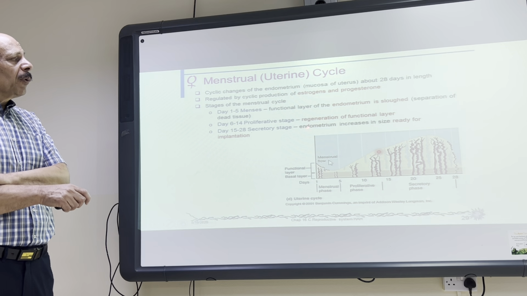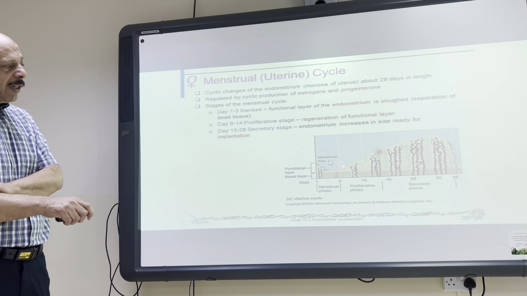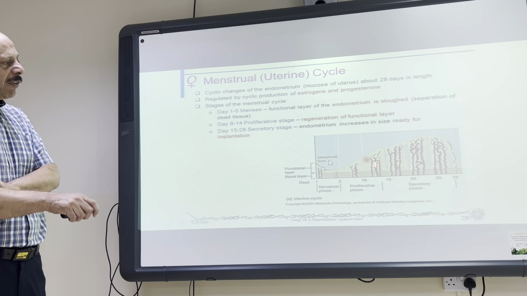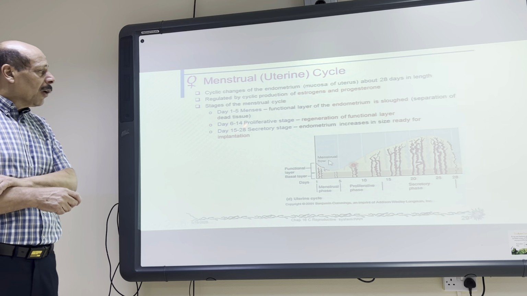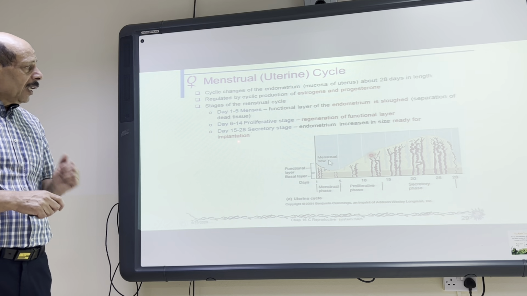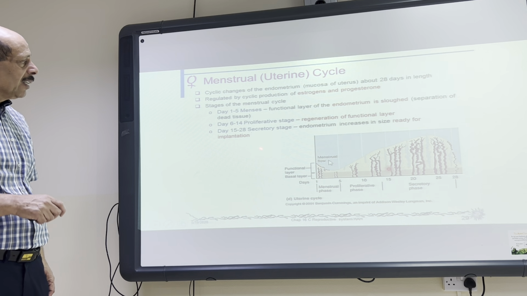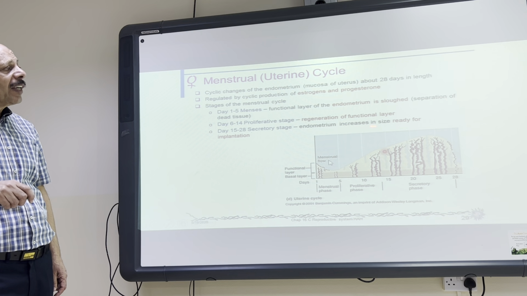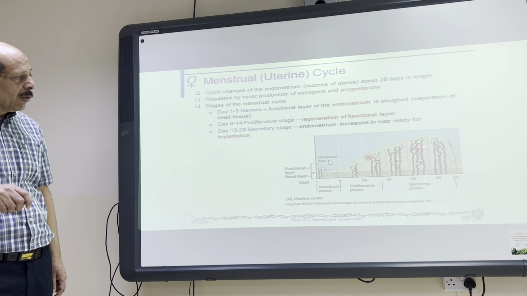The functional layer will be rebuilt again, blood vessels are formed, and it will become thick. From day 15 to day 28 is the secretory stage, where the endometrium increases in size and will be ready for implantation.